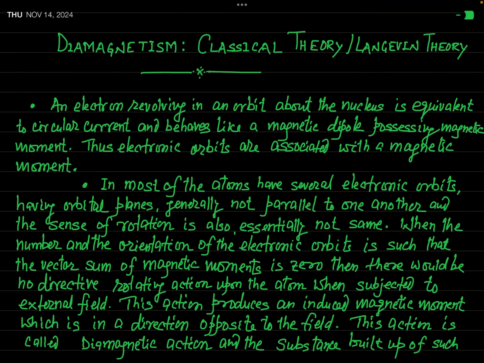The first one is called classical theory, also known as Langevin theory. After that we will see the quantum mechanical theory, or quantum theory, of diamagnetism. I told you in my introductory lecture that diamagnetic materials have negative magnetic susceptibility, so whenever placed in a magnetic field, it gets magnetized in the opposite direction of the field.